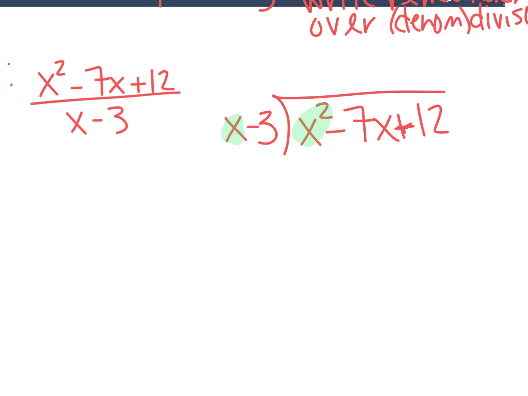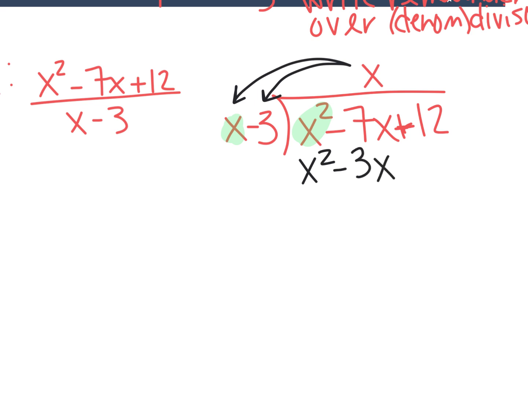I just need to multiply by x. And I'm going to put it over my other single x. Then we said step 3 was multiply, right? So I'm going to say x times x is x squared. But I also have this minus 3 piece. So I got to do x times negative 3. What do we get?